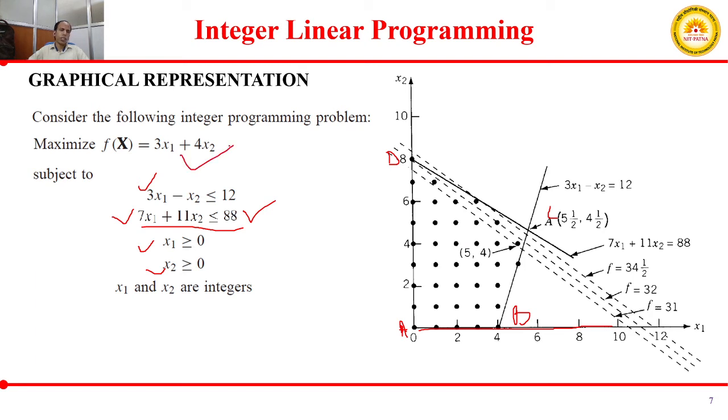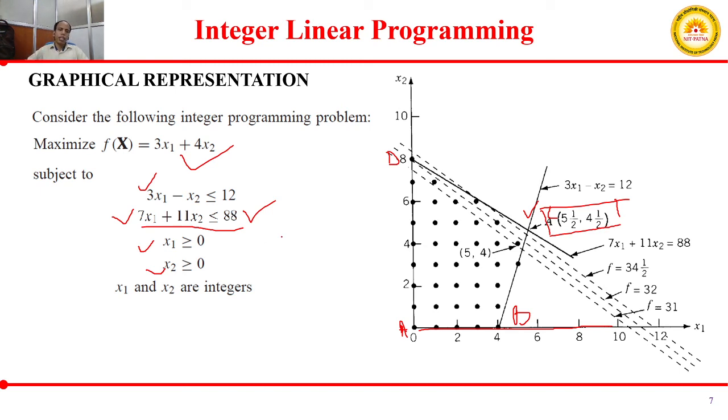The objective function is the same, that is 3x1 plus 4x2. Okay, so in a similar way, through the graphical method, the values which correspond to the maximization of this particular objective function are 5.5 and 4.5.